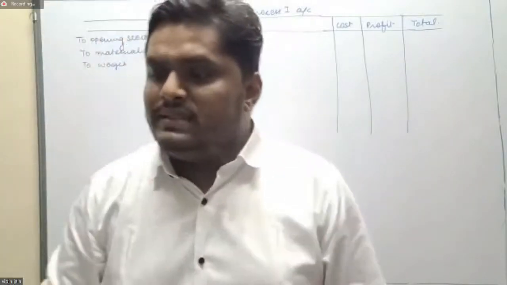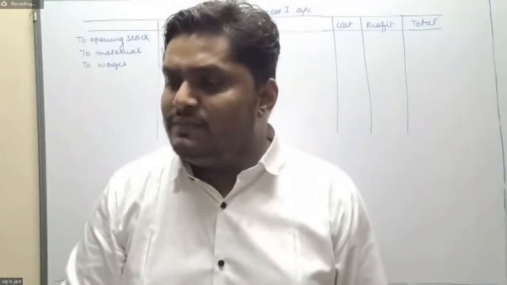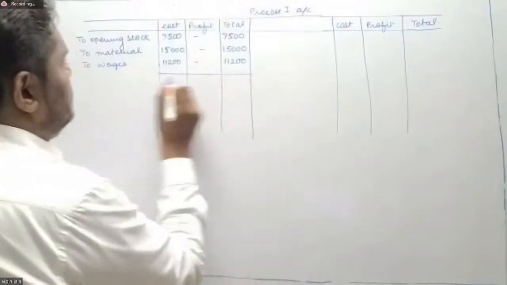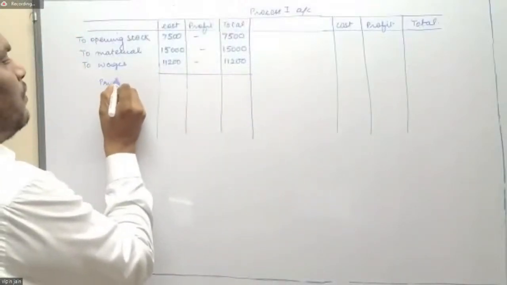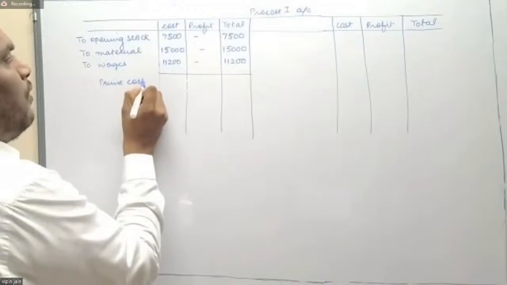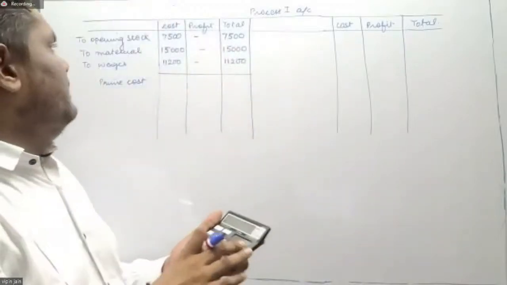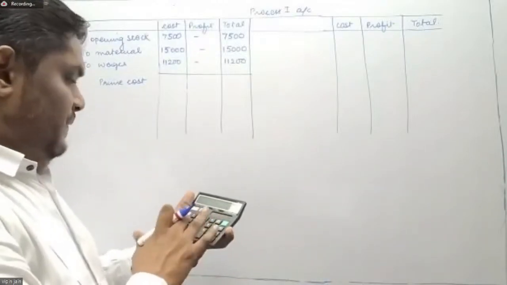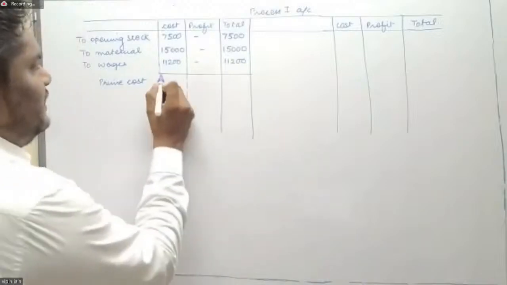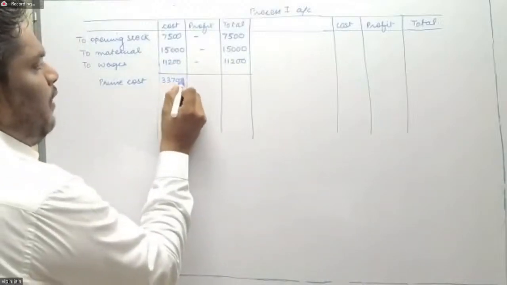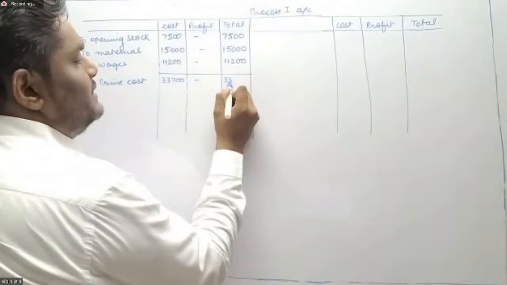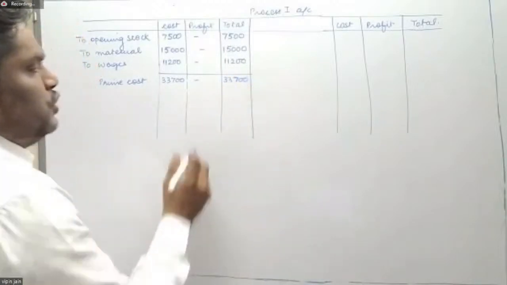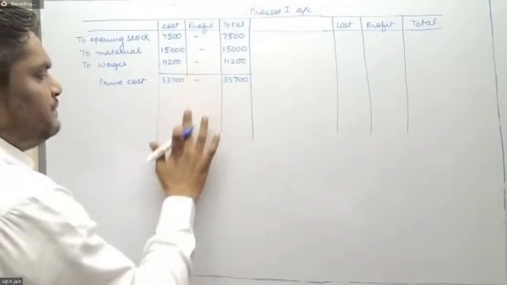Now, since it is given that the closing stock is valued at prime cost, we'll first write down the prime cost. So opening stock plus material plus wages, so 7,500 plus 15,000 plus 11,200, that is 33,700. Since it is the first process, no profit is involved.